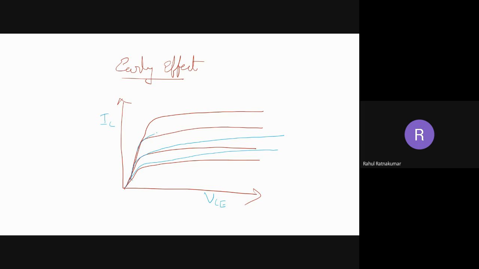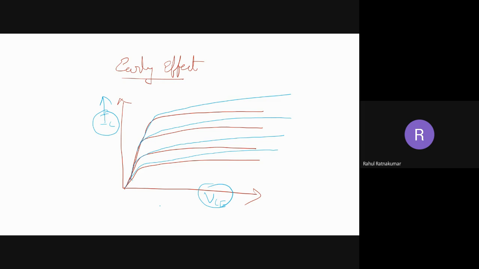Although we assume it to be constant in the active region, where the transistor acts as a current source, the reality is this. Now this effect is called early effect, because of a slight increase in IC as VCE is increasing.